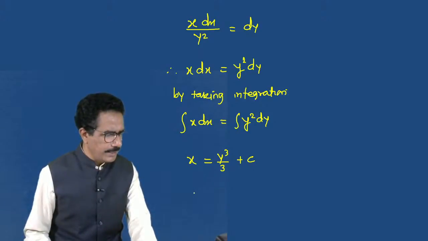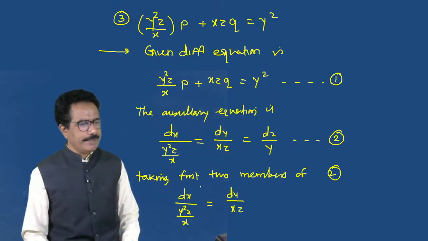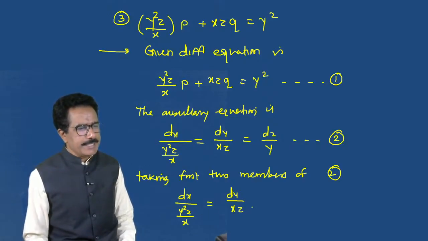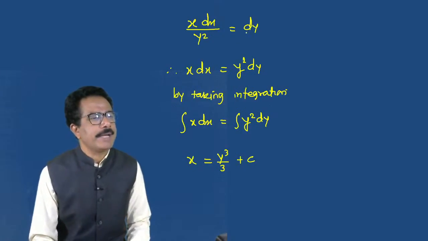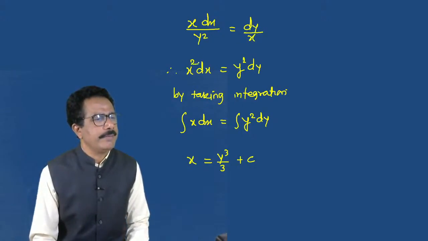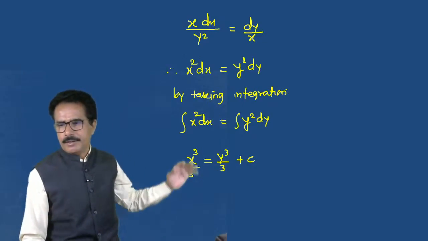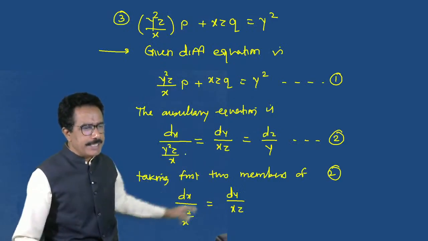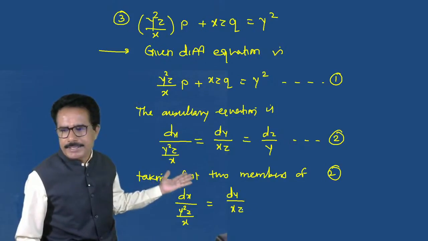x square. Wait a minute, something is left out. Okay, here z and z get cancelled, and dy divided by x remains, so here it will be x square, so x cube by 3. On the right side, z and z get cancelled by multiplying z.